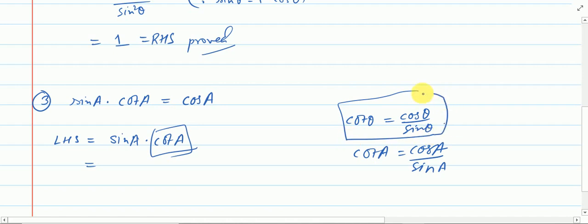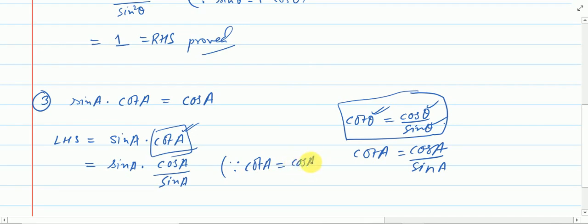See, if I'm writing theta over here, then these two will also be theta, whenever we are talking about the relation between cot, cos and sin. So since here we have cot A, we can write cot A is equal to cos A upon sin A. So from that we can write sin A, and in place of cot A I can write cos A upon sin A. And here I can give the reason: cot A is equal to cos A upon sin A. Clear?